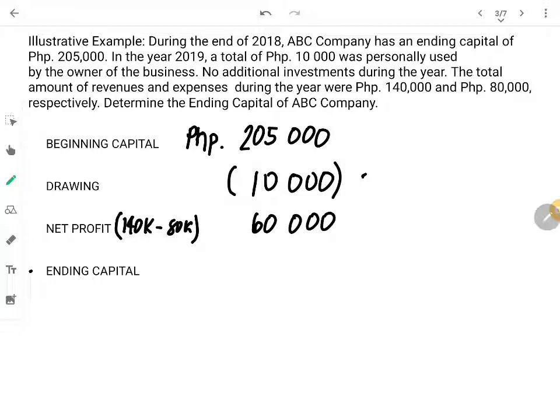So, ilan yung ending capital natin? So, let's try to compute. So, that is 255,000 pesos.